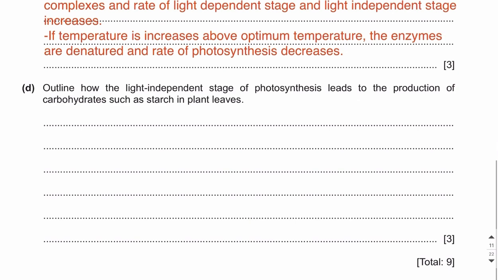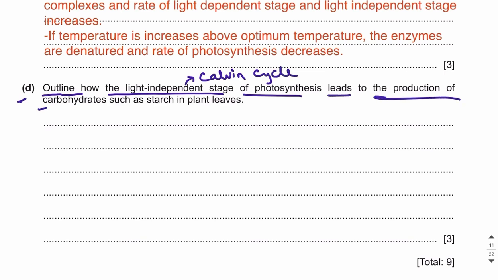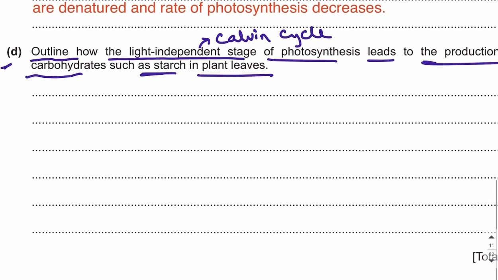Part D, outline how the light independent stage of photosynthesis, which is actually Calvin cycle, leads to the production of carbohydrates such as starch in plant leaves. So guys, we have to discuss Calvin cycle over here, and we have to state how starch is made via the Calvin cycle.